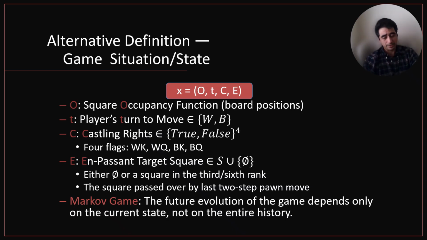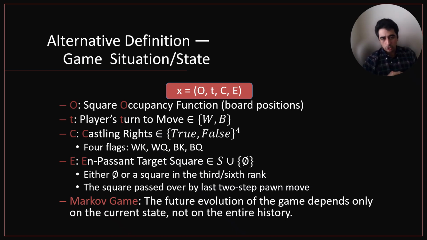But if you saw the previous definition, which was mentioned in the textbook, and that's why I showed it to you first, it says the game situation should be a sequence of all the board positions from x0 to the current or to the end. So from the very beginning to the end. That doesn't really make sense with the Markov game property of chess.